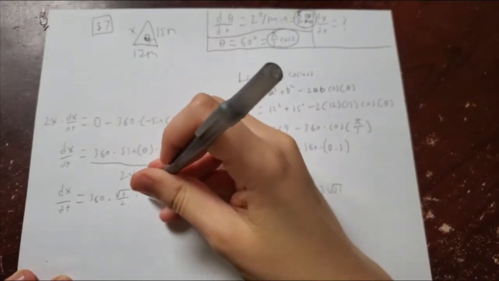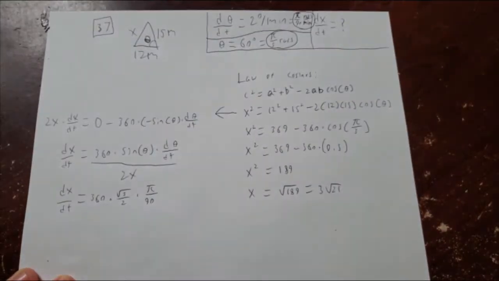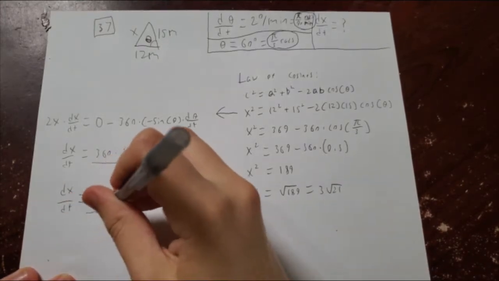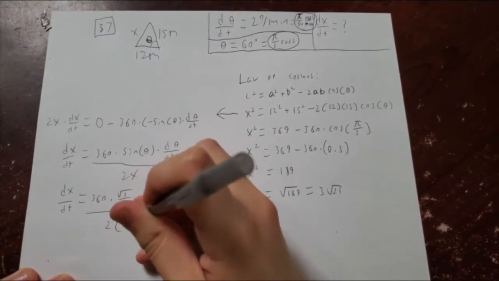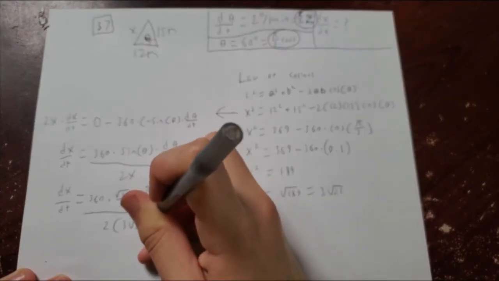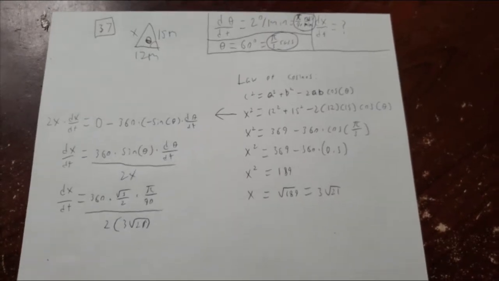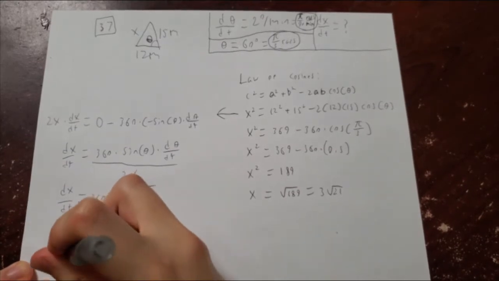So we'll plug that pi over 90 in. And then we're dividing by 2x. We just figured out our x is here, so that's 2 times 3 square root of 21. And through some calculation, we can simplify this all out, and that's going to give us our answer.